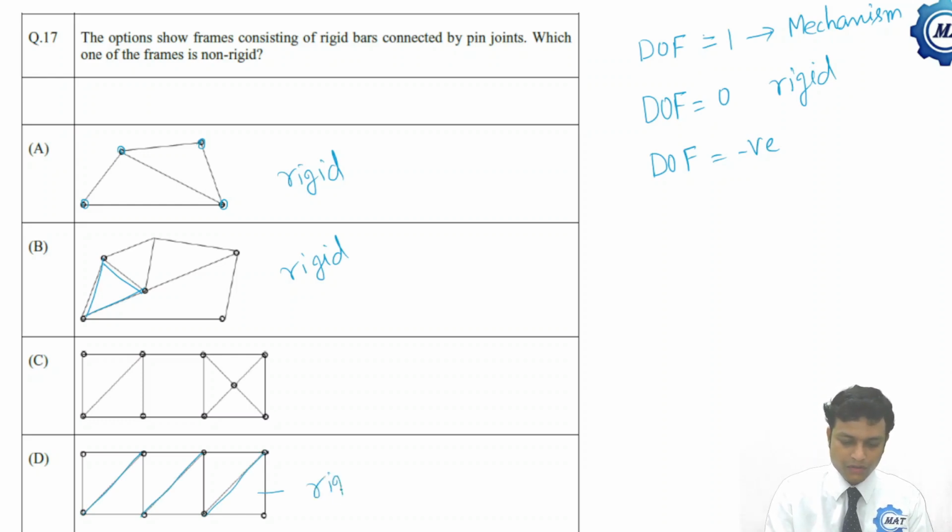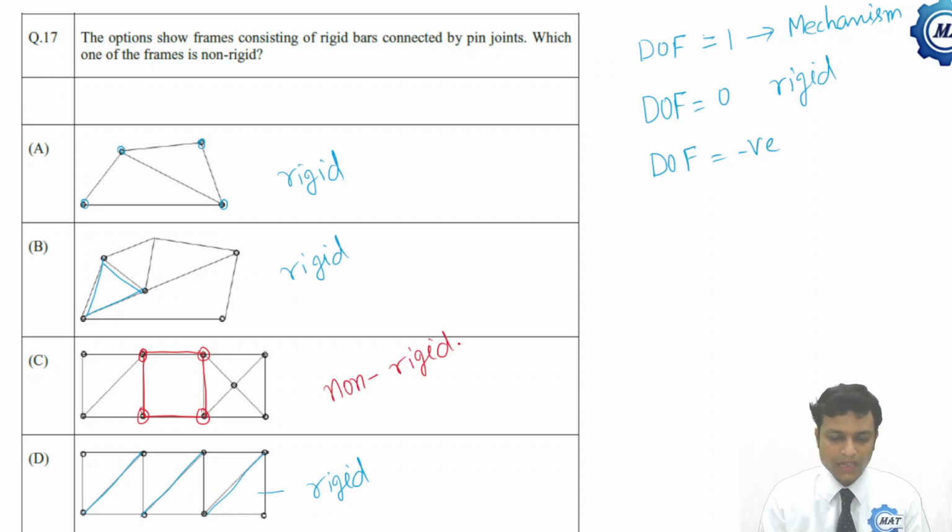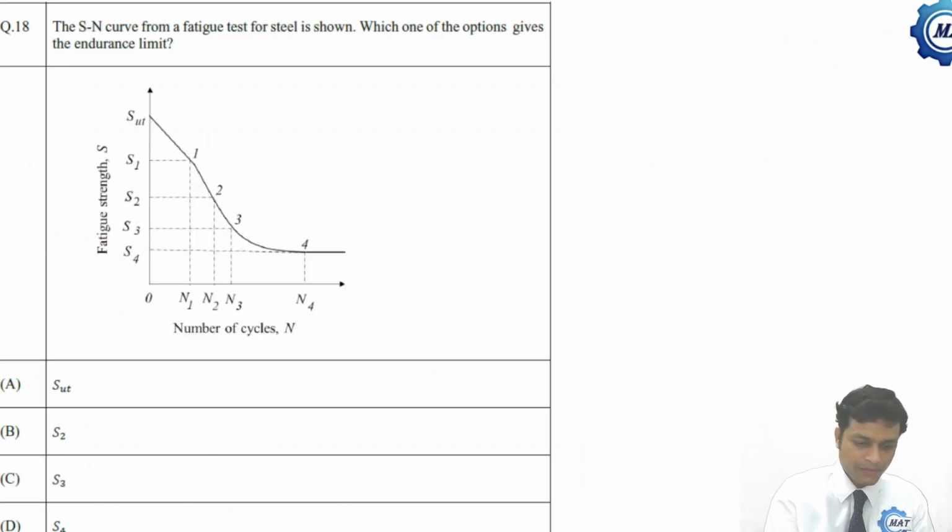So this is also rigid. But here, if you consider this loop, this is a 4R mechanism. So due to this loop, this becomes non-rigid. Okay, we have done this in truss classes. Now let us move to the next problem.